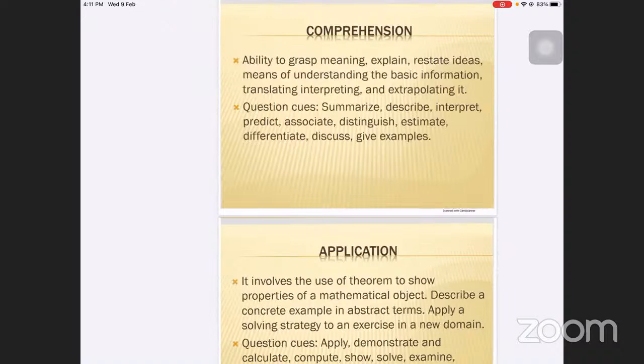So as we move in the process of learning from one level to another, slowly and gradually the student learns the knowledge completely. So this is knowledge and this is comprehension.